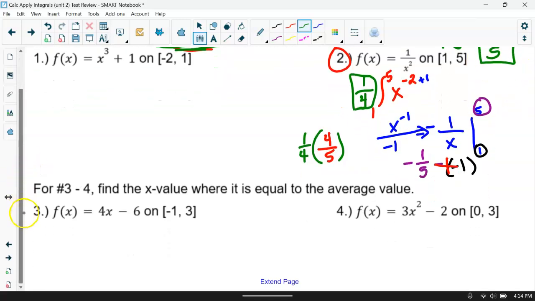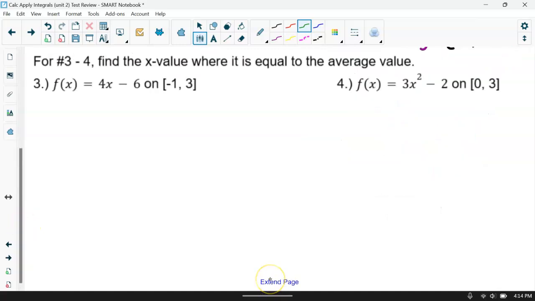Then here for the next section, I'm going to go over question number 4. So now notice here, go with the question. We're now going to find the x value where it is equal to the average value. So we still need to find the average value here, right?